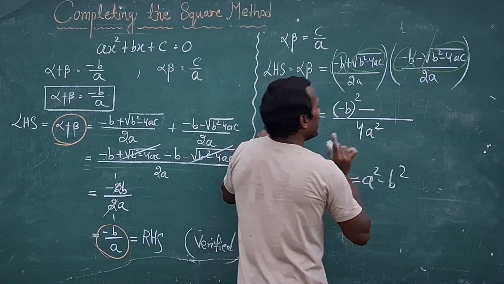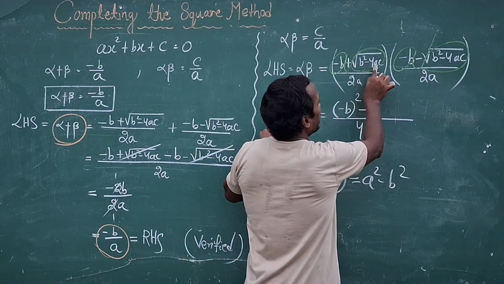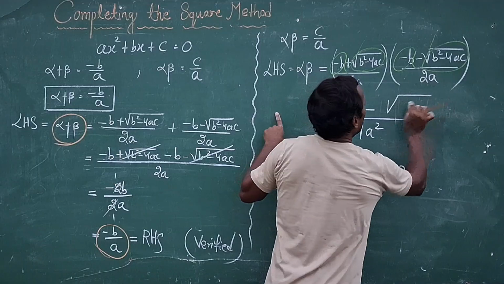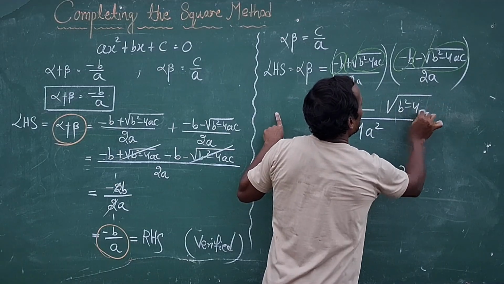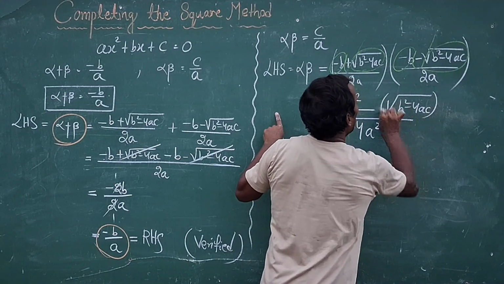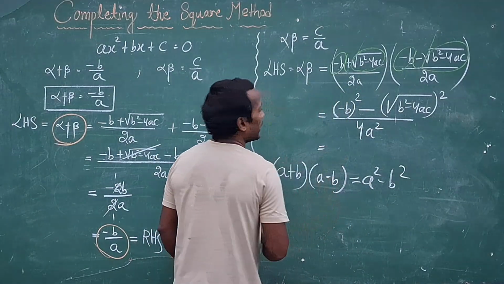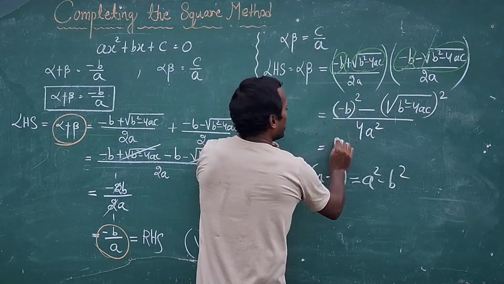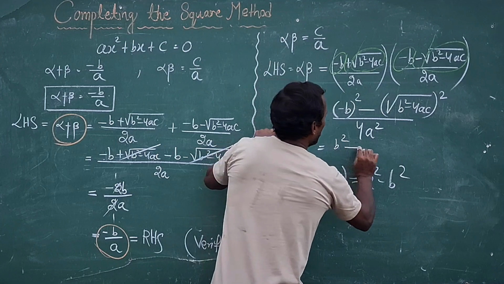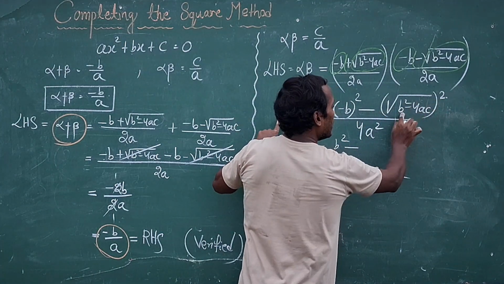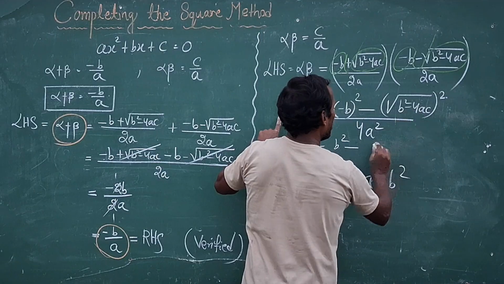B means root b square minus 4ac, so b square means root b square minus 4ac squared. Now the square of minus b is b square, minus the square and square root cancel each other, so you will be left with b square minus 4ac only.